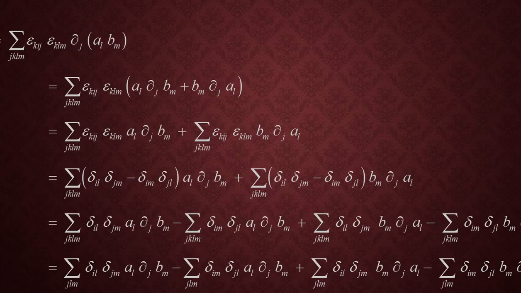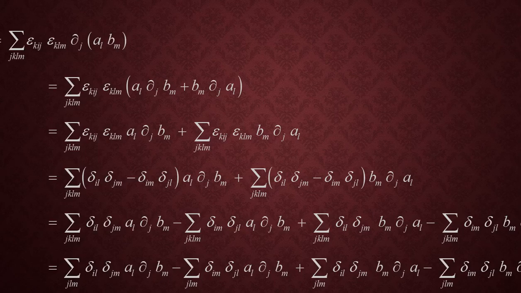Observe the term dou j of a_l b_m here. We have to apply the product formula of differentiation for this term. If we apply the product formula for dou j of a_l b_m, we obtain summation sigma suffix jklm, epsilon suffix kij, epsilon suffix klm, (a_l dou j b_m plus b_m dou j a_l).